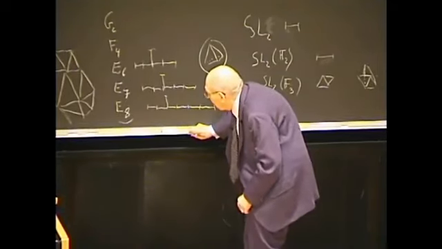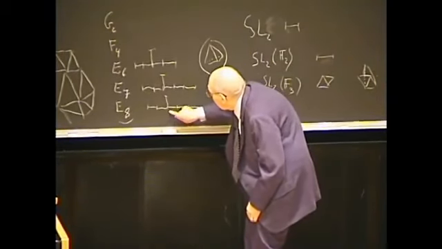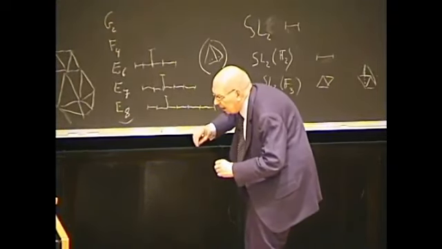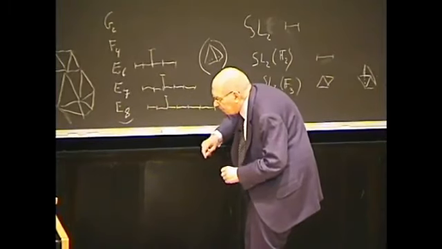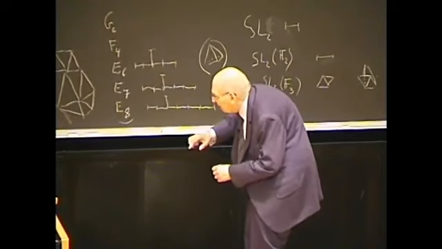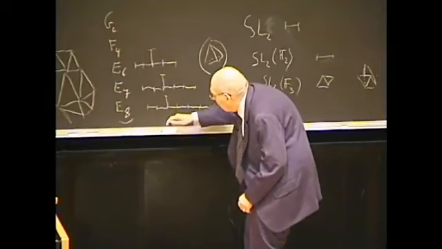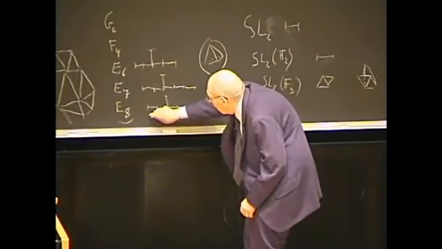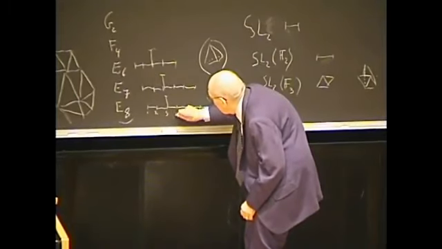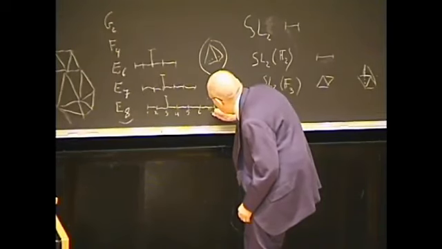In fact, in the group of type E8, there are 8 types of vertices, and all these vertices are linked together. Let me number these: 1, 2, 3, 4, 5, 6, 7, 8.